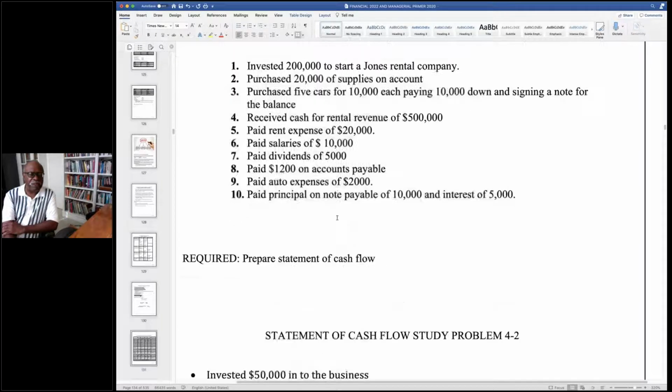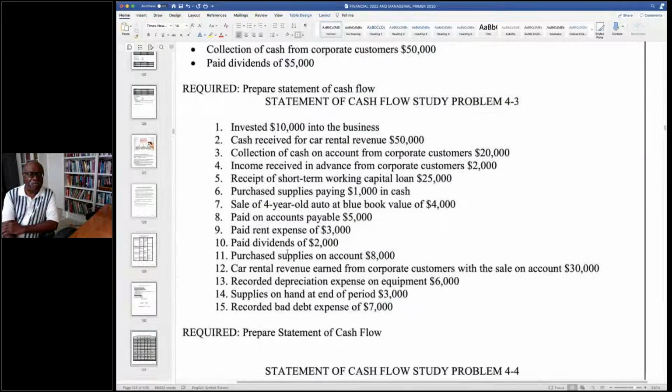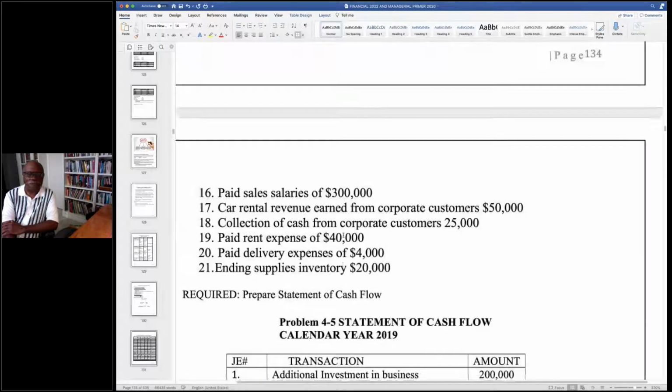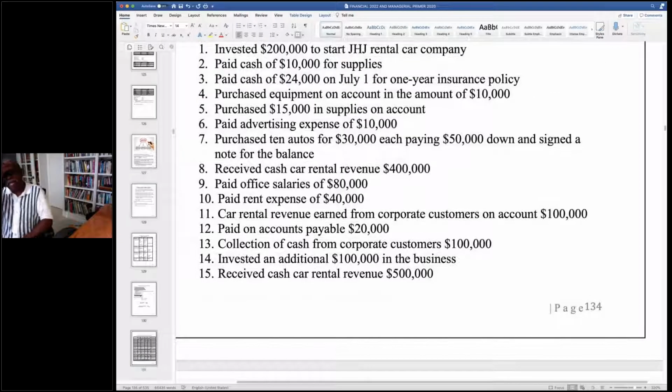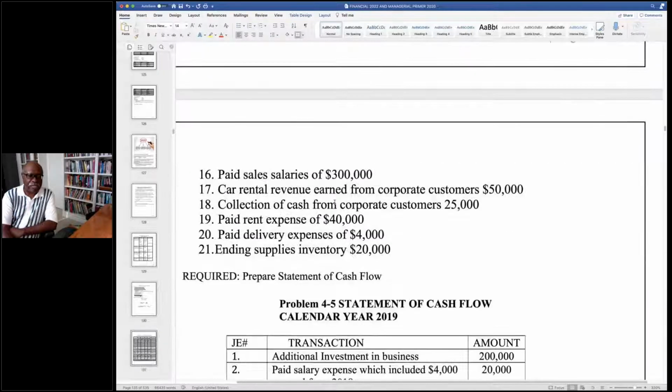So team 1, team 2, team 3, team 4. They lay right out there, right? Team 1, team 2, team 3, team 4. Your statement of cash flow.